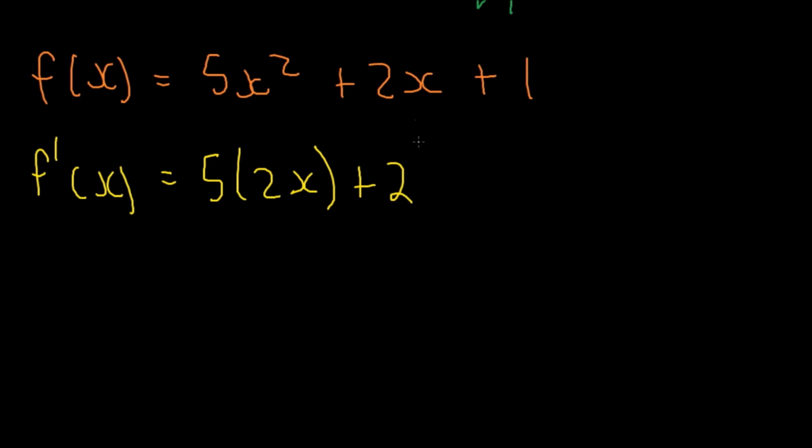Then 2, bring the 1 out front, and then x to the 1 minus 1, x to the 0, which is 1. So the derivative of 2x is just 2, which makes sense. If that was a slope equation, the slope is just the number being multiplied by the x. Makes sense. And then the 1, the constant term, well, constants don't change. Their rate of change is always 0.